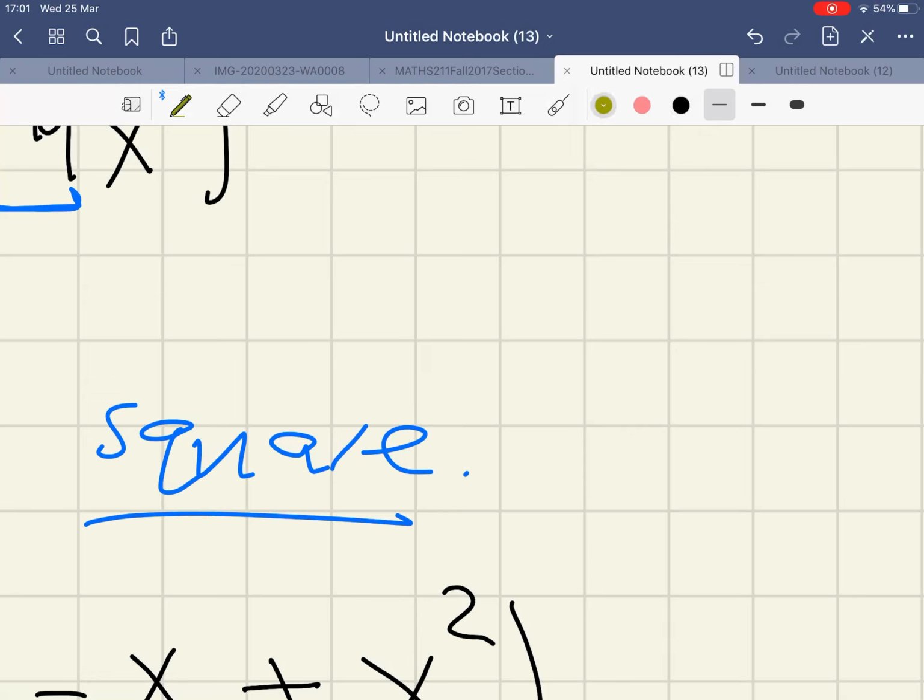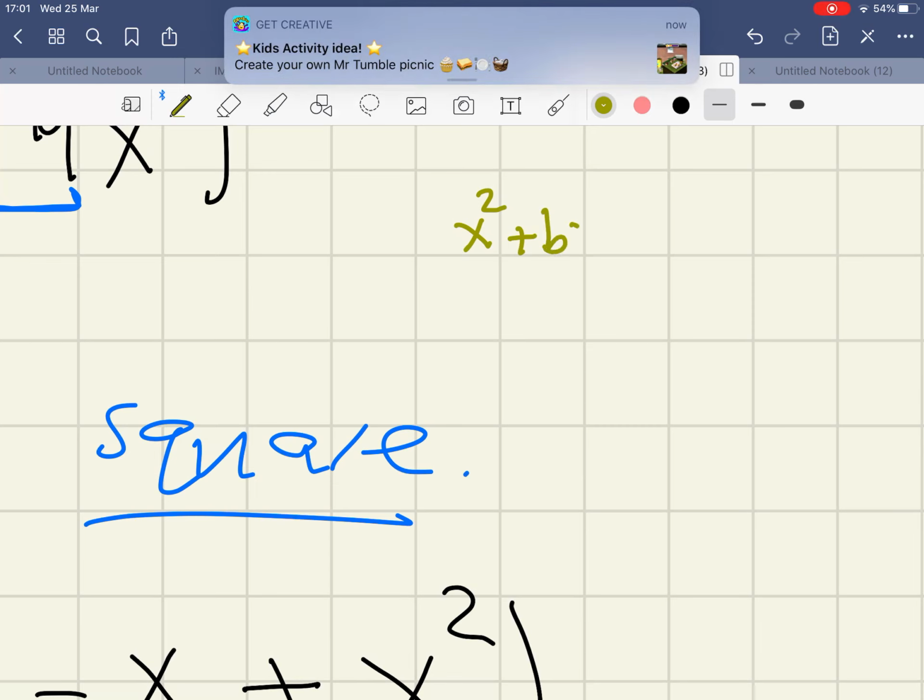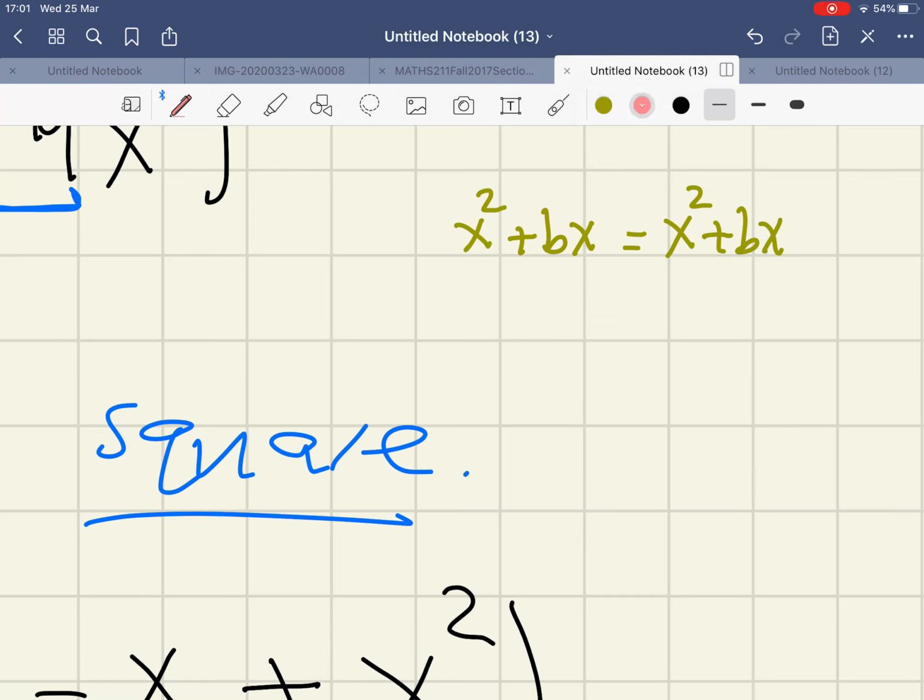Always if you have x squared plus px, you need to add p squared over 4, and you take it also out, p squared over 4. That's what you need to add to your equation.